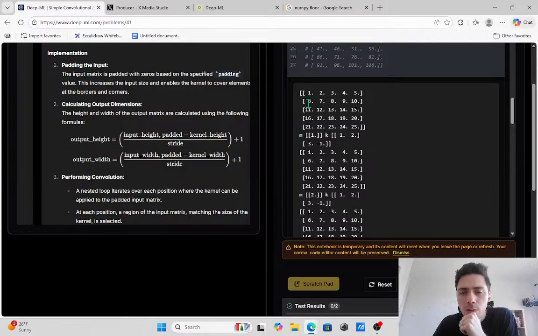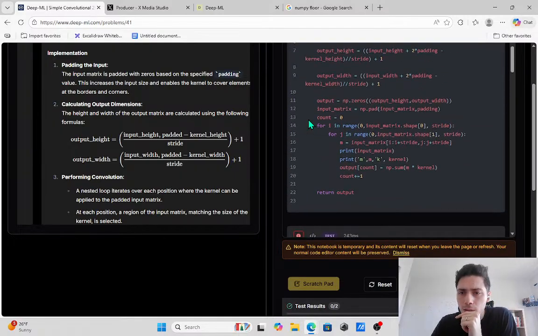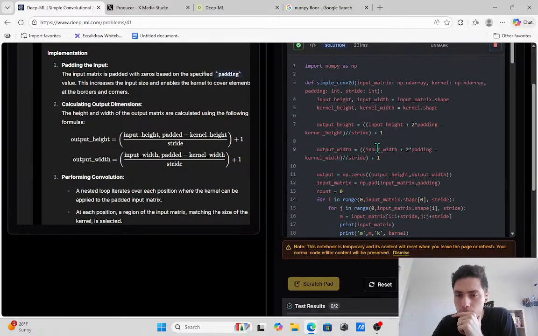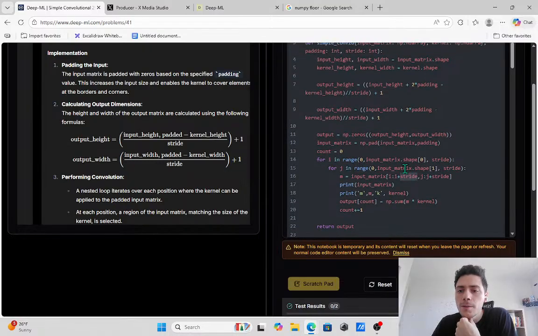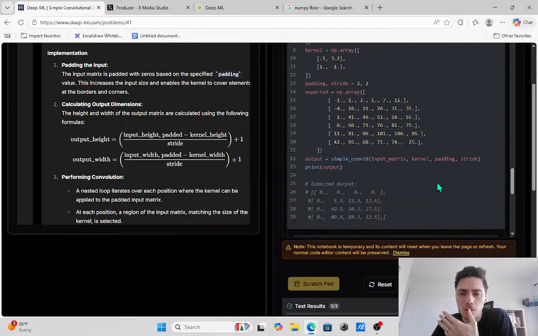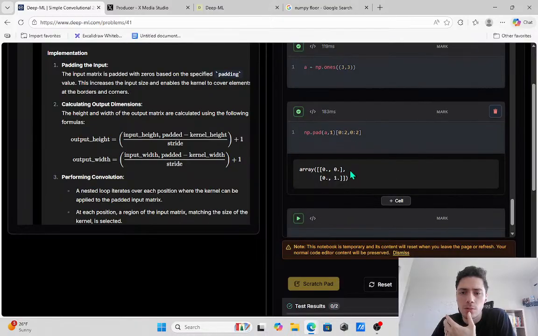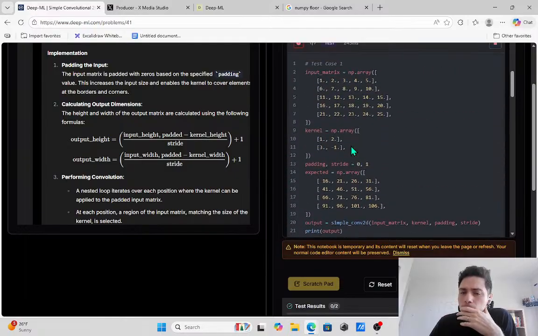Theoretically, we should be getting 1, 2, at least. And the 6, 7. Let's see. I plus stride. This should be going from 0 to 2, and this should be going from 0 to 2 as well, similar to this. But it is not.